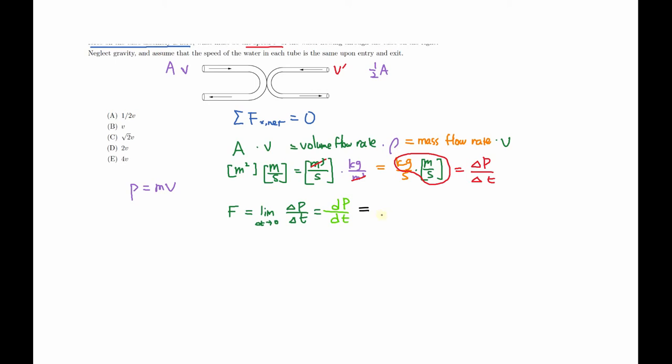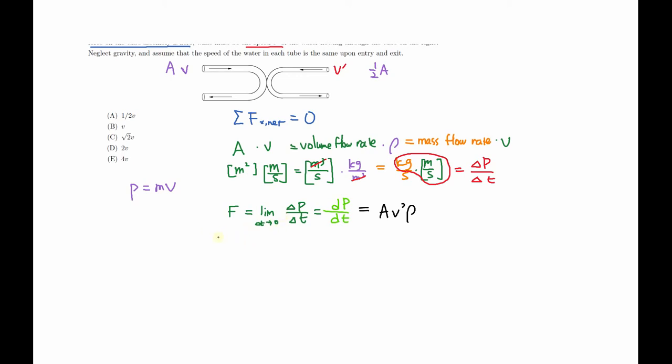So A times V squared rho is going to be used in both equations, and you will see this is a right side movement in the left side U-tube, and then the right side U-tube has the left side movement, and they will cancel out to make the net x direction of force 0.